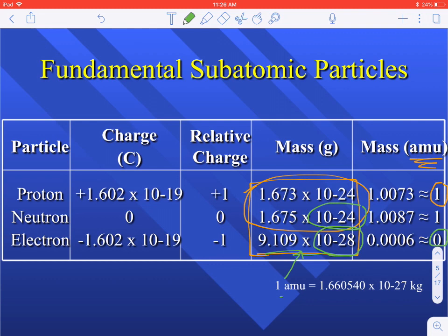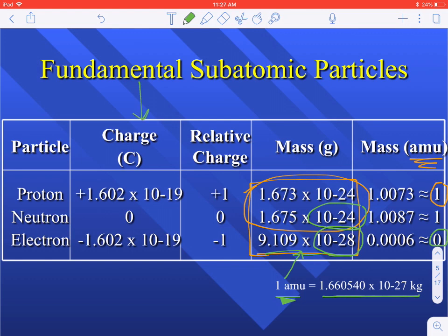And just so you know what an AMU actually represents, an AMU is equal to this number, 1.660540 times 10 to the negative 27th kilograms. In other words, it's really, really light, right? And then the final thing to notice over here is the charge.